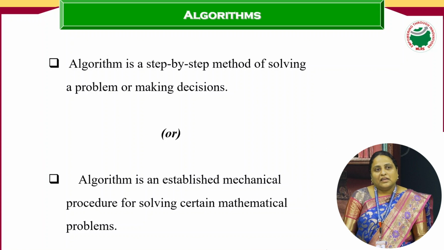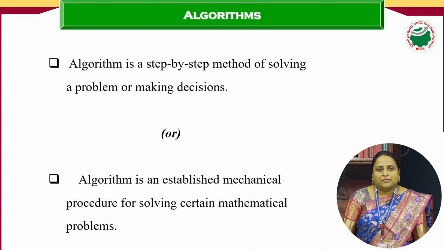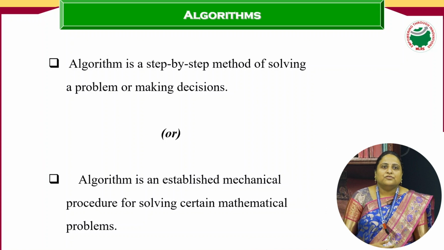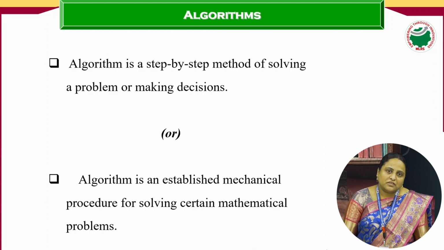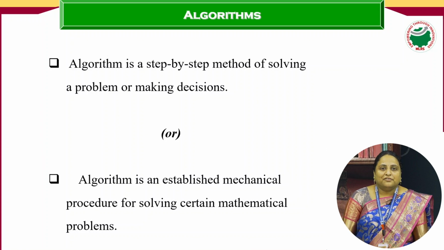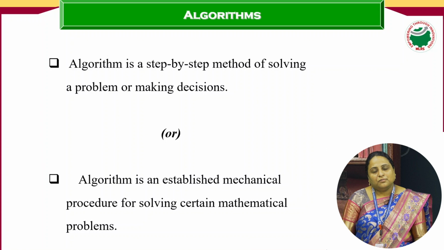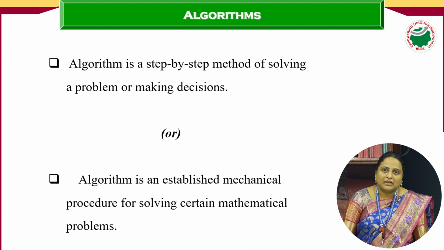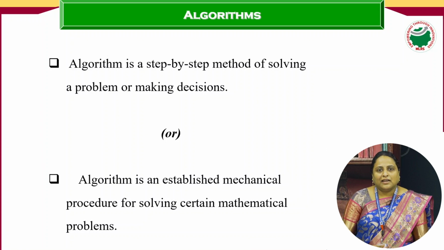For example, if you want to go from your home to the college, what is the process involved? First, after coming out of home, where should you wait, at a bus stop or somewhere, or take your vehicle, and how much distance you need to travel. Then after reaching your college, you need to park it, and next you need to go to your class and attend the sessions and labs and all.